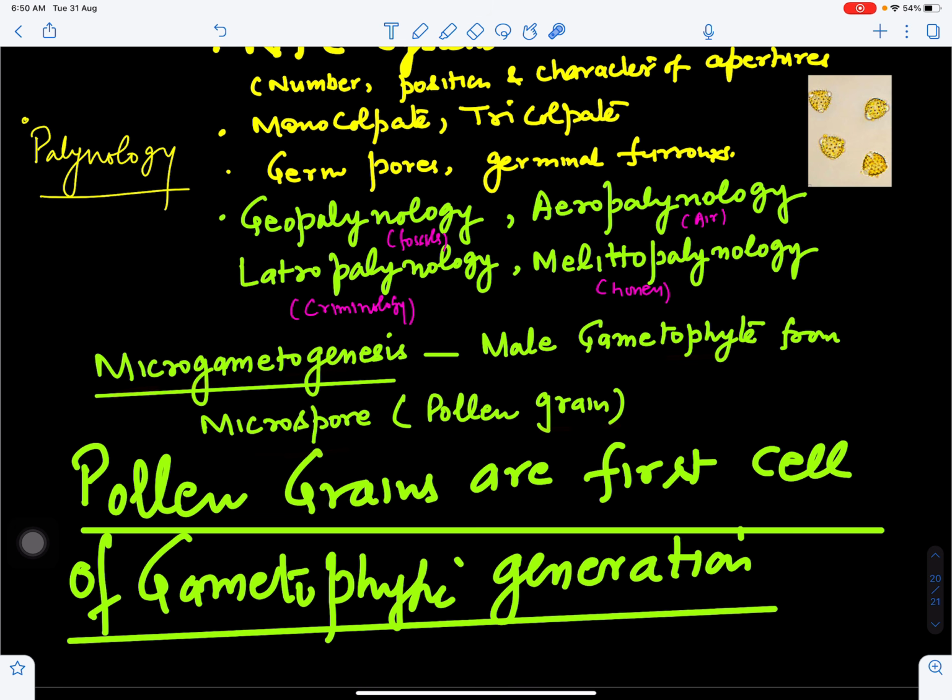Like first we discussed microsporogenesis, that is the production of microspores from the spore mother cell by meiosis. Now this is the production of the male gametophyte from the microspore or the pollen grain, and this will happen with the help of mitotic cell division. This is called as microgametogenesis. So these are the first cell for the formation of the male gamete, or first cell of the gametophytic generation, that we will study in the next video.